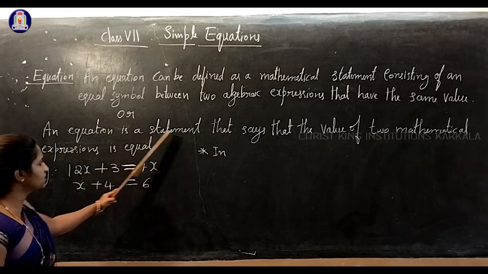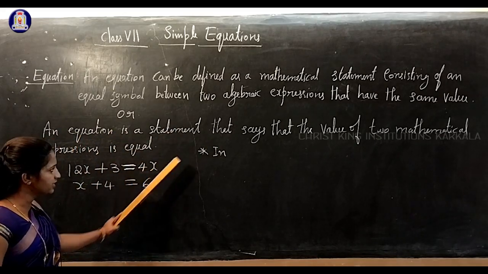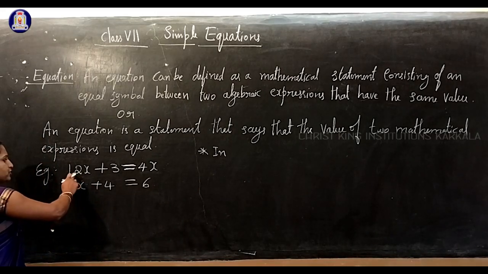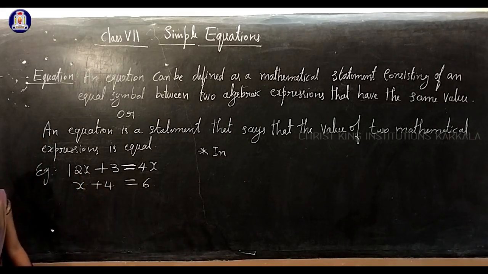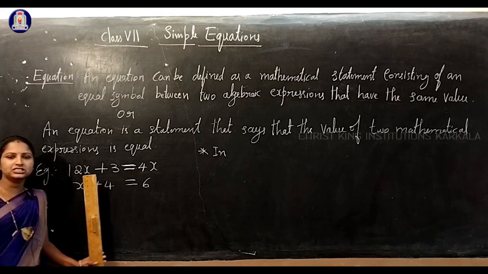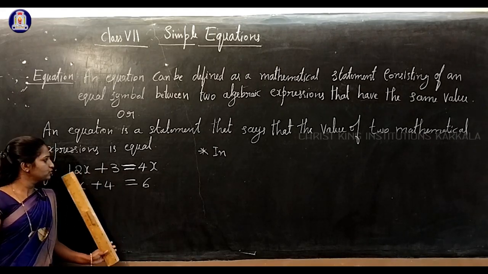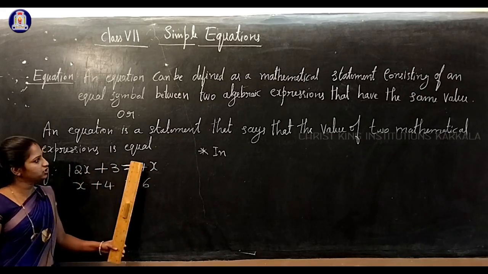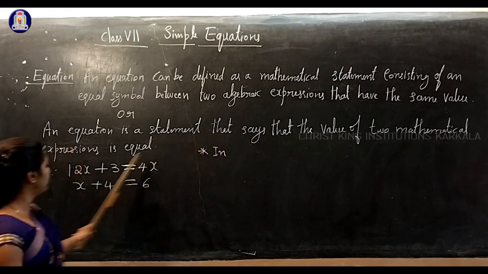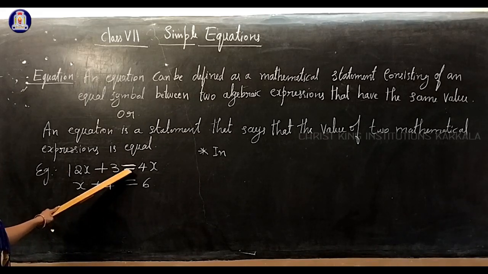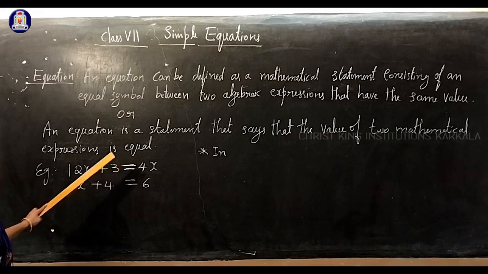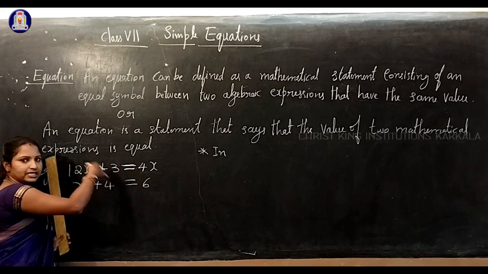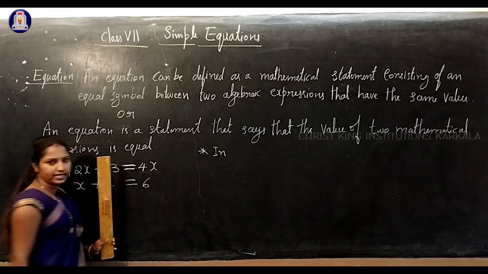That means an equation is a statement that says that the value of two mathematical expressions is equal. 12x plus 3 and 4x are algebraic expressions connected by an equal sign, which means the value of the left hand side is equal to the value of the right hand side.